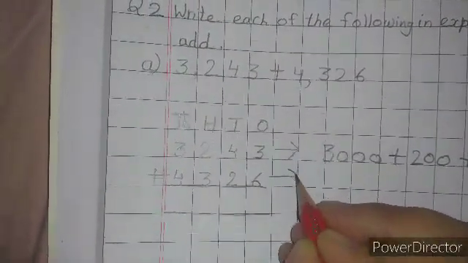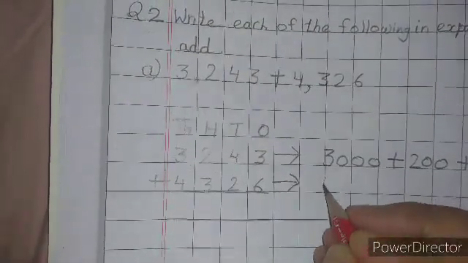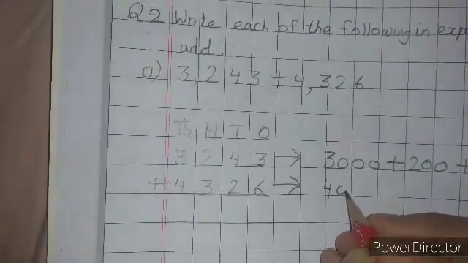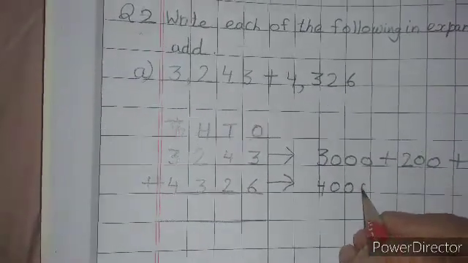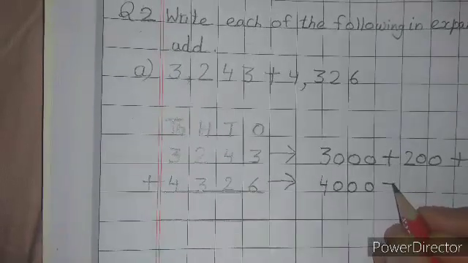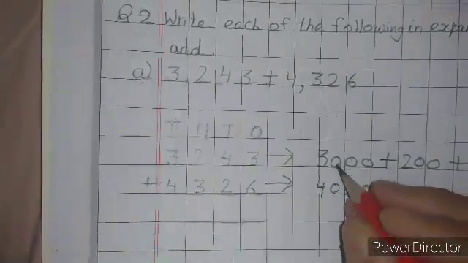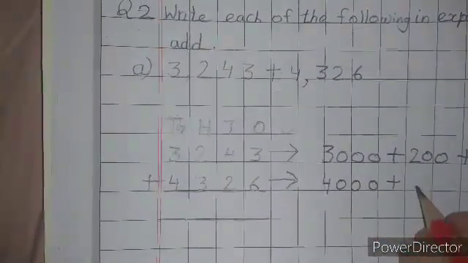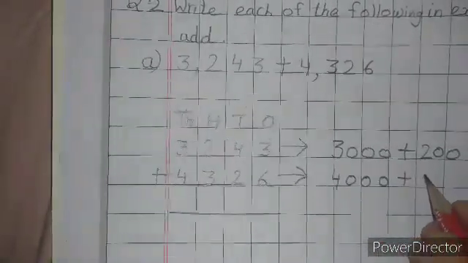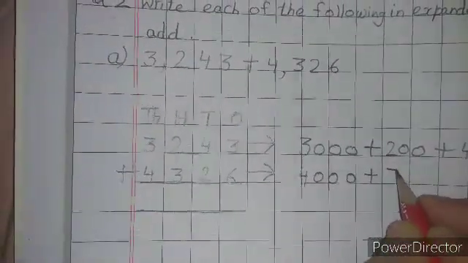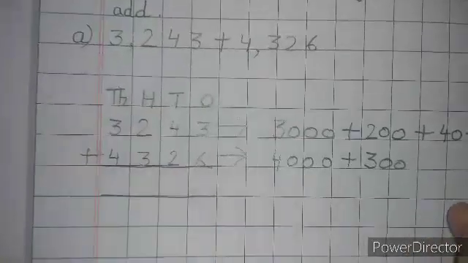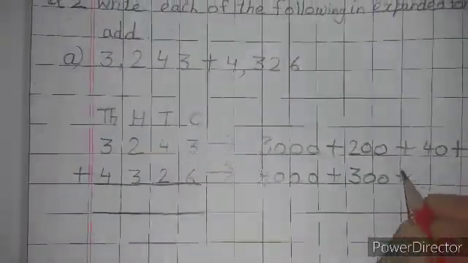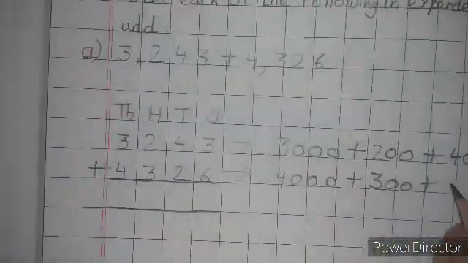For the next number, we will write 4000. Just under 3000 you have to write 4000. Digit should come under this, like this way, properly. For 100 it is 300. For tens it is 20.